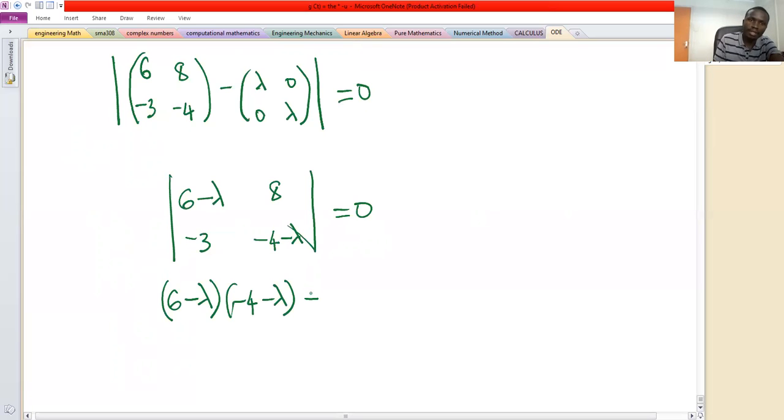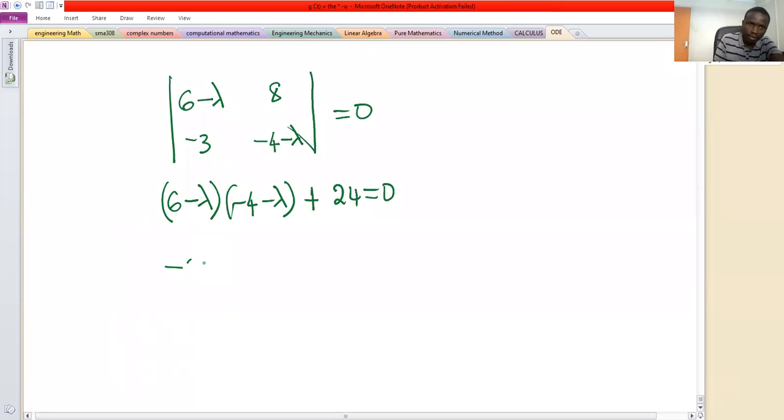Now minus minus is plus, 3 times 8 is 24. So this will be minus 24, minus 6 lambda, plus 4 lambda, plus lambda squared, plus 24, equals 0. Now minus 24 plus 24 cancels out.